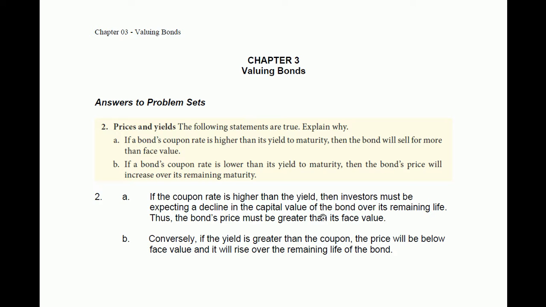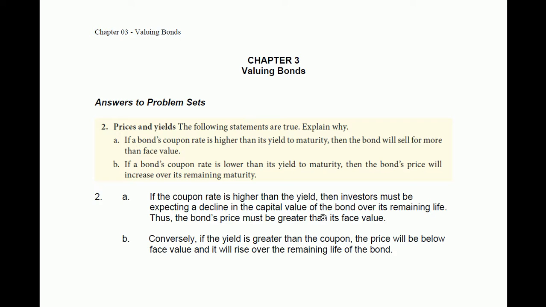The reason is mainly because if the coupon rate is higher than the yield, then investors must be expecting a decline in the capital value of the bond over its remaining life. Thus, the bond's price must be greater than its face value.